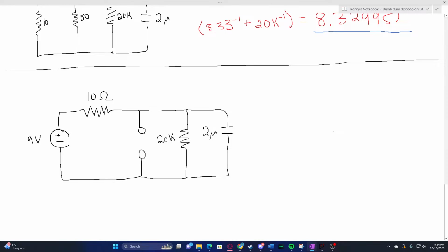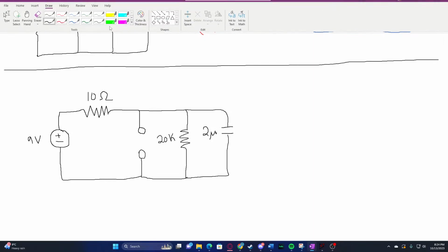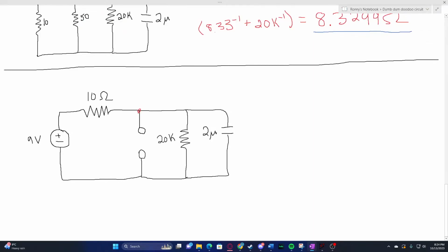Now, what I see here is interesting, to say the least, because if I were to think about what voltage would be here, it's already simplified enough that we have a voltage divider between the 20K and the 10 ohm resistor.